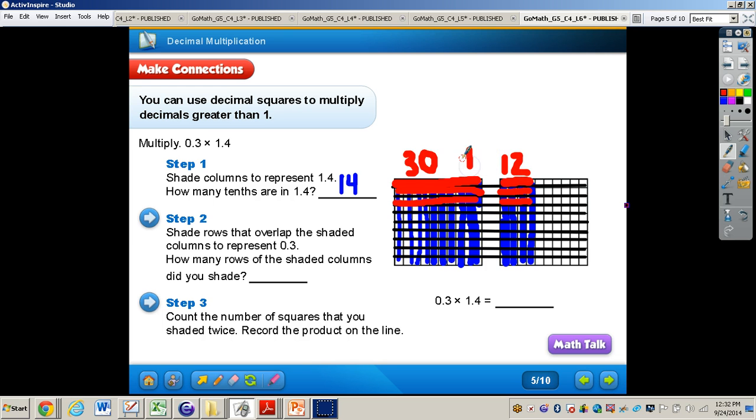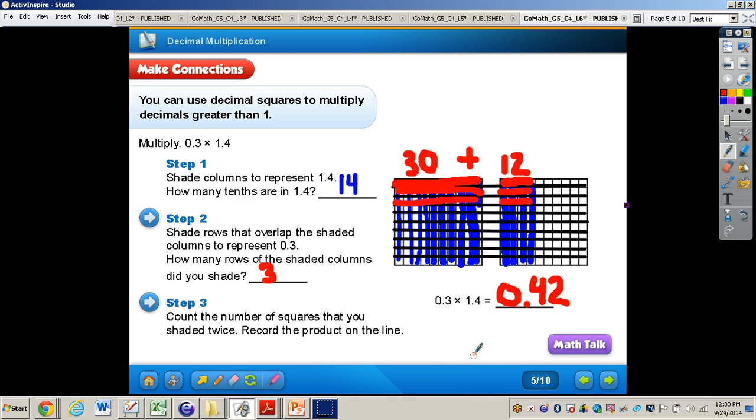We add those two together, that's going to give us 42. Okay, so we had 3 rows. Now we need to count the number of squares just like we did, and we can record the product on the line. So we have 3/10 times 1 4/10. We have 42 hundredths.